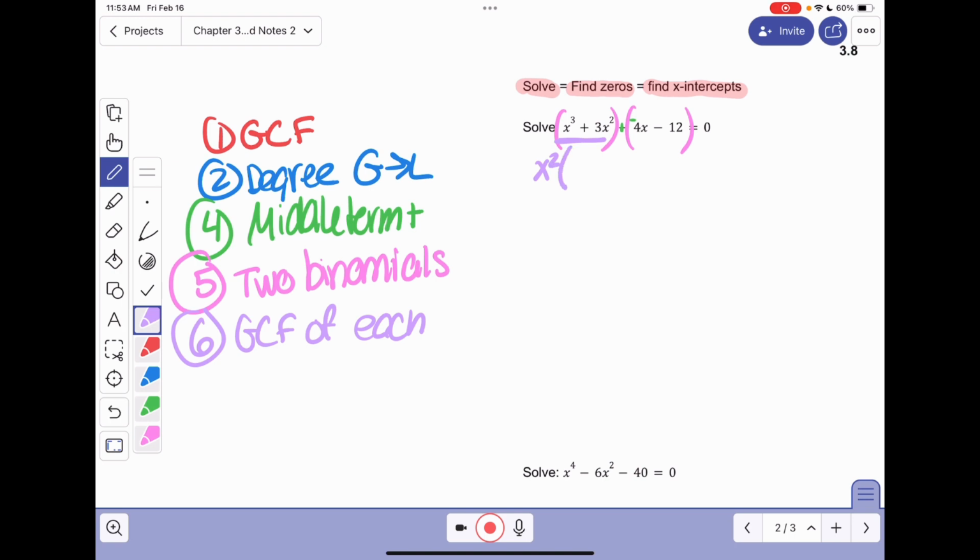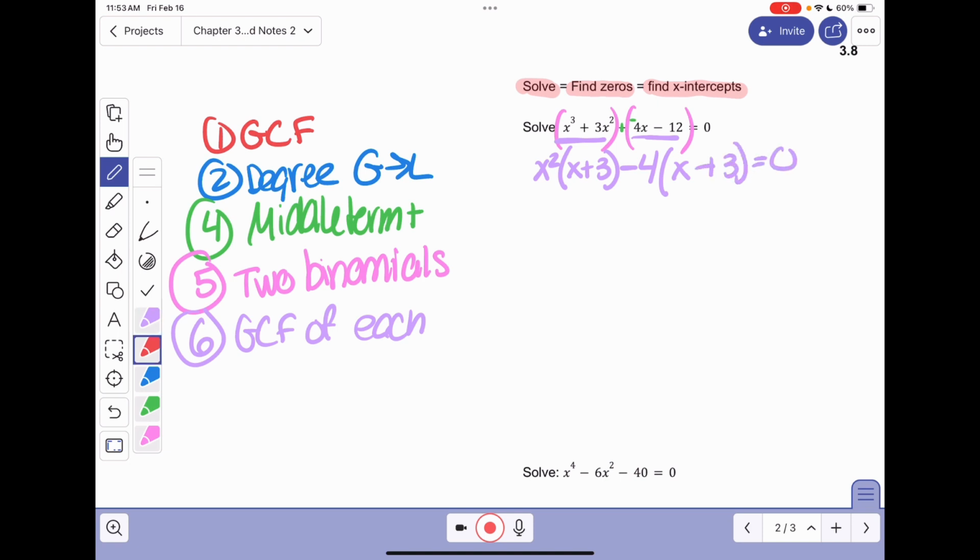X cubed divided by x squared is x, and then 3x squared divided by x squared is 3. And then here's why we do this. We want to take out a -4. We do the plus negative, that way it reminds us we have to take out a negative. So -4x divided by -4 is x, and -12 divided by -4 is 3.